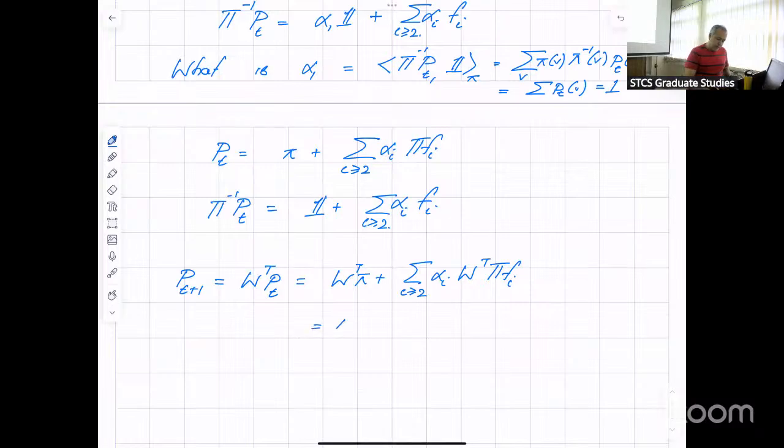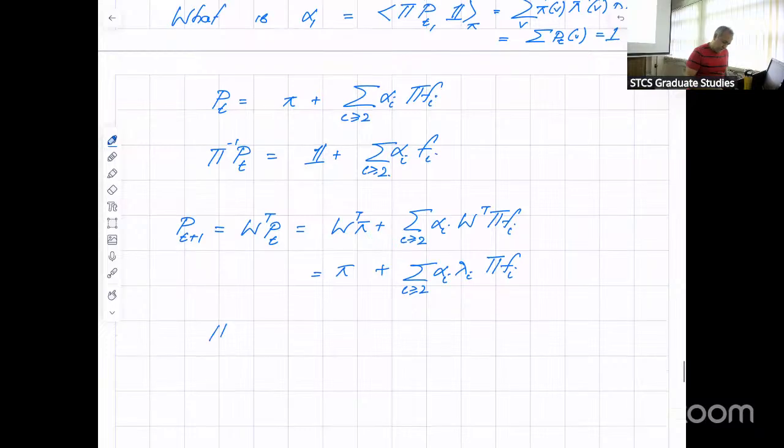W transpose pi is pi itself. Pi is the right eigenvector with eigenvalue 1. That's true here also. But these are with eigenvalues lambda 2 onwards. So this is alpha i lambda i pi f_i, i greater than or equal to 2.